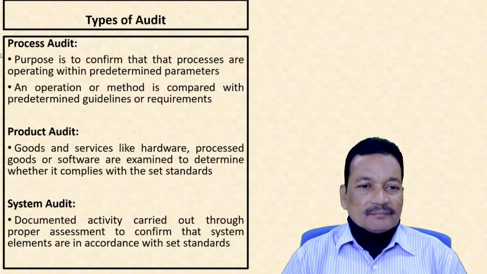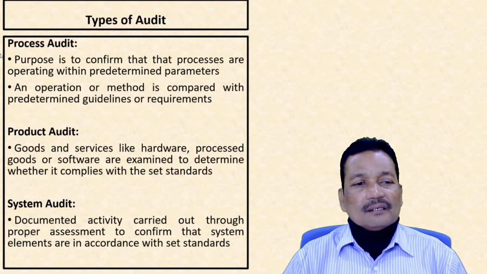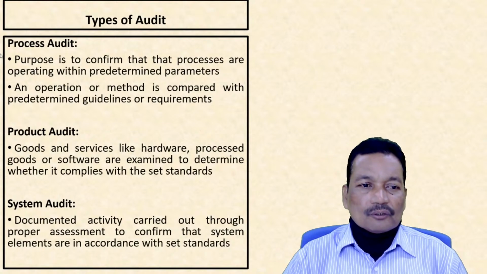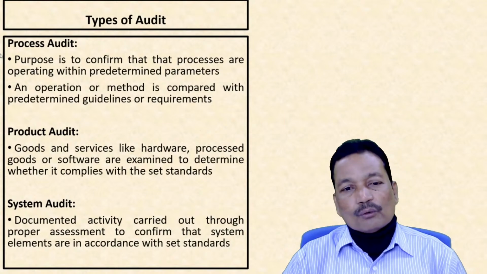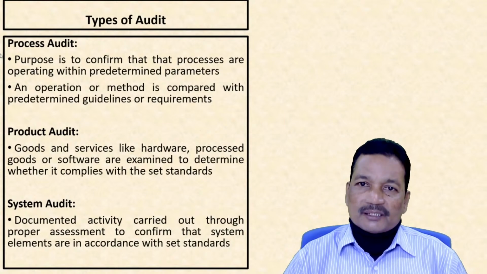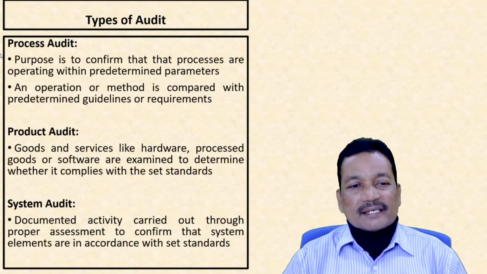Product audit. Now, when we are talking of product, we can have the output, that is the product, in terms of goods and services. So goods and services like hardware.